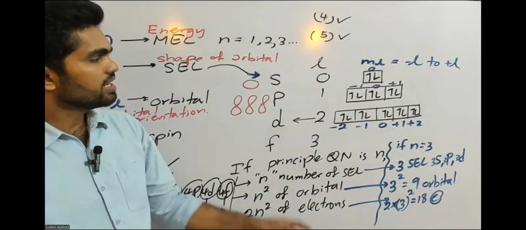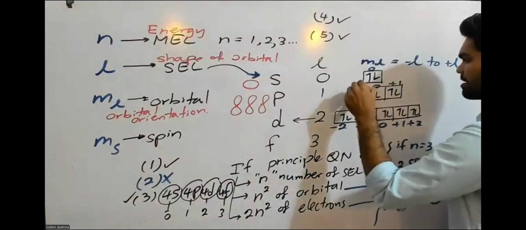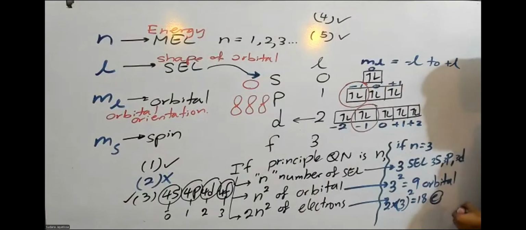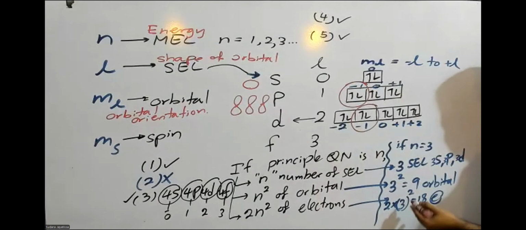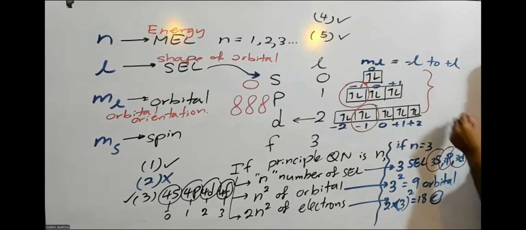Understood? And then you can see ml minus 1 can be found only here and here, isn't it? The third energy level will have 3s, 3p, and 3d only, no? So only these will be there in the third energy level.